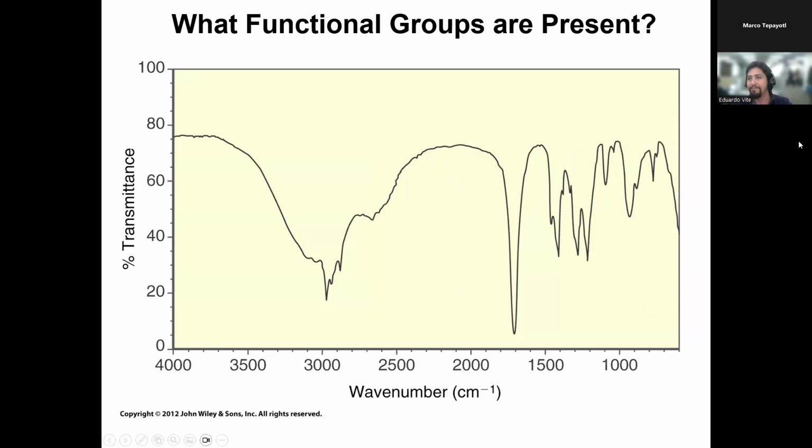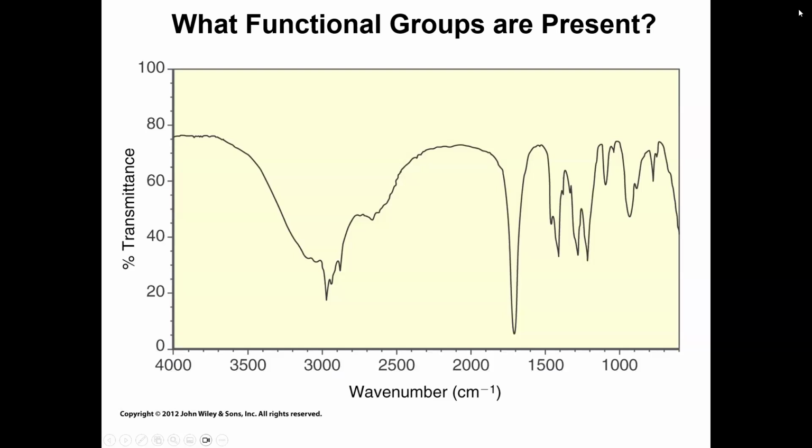So you guys go ahead now. What is present here? What do you see? Type it in the chat or unmute the mic, but you guys got to tell me what you see here.